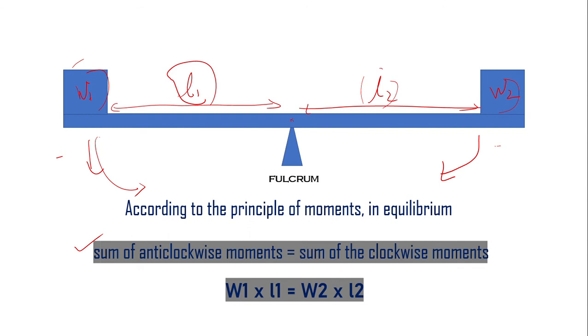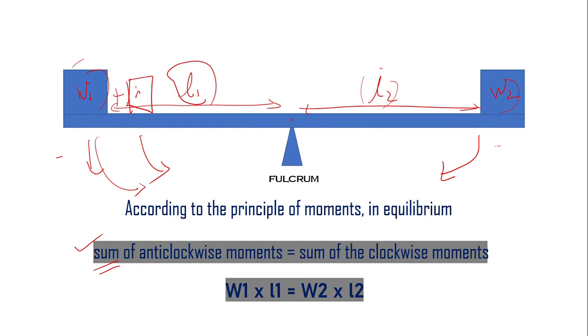One more thing you should remember: if I put one more weight on the left hand side, it will also generate an anti-clockwise moment, so you have to add them. It should be equal to the sum of clockwise moment.